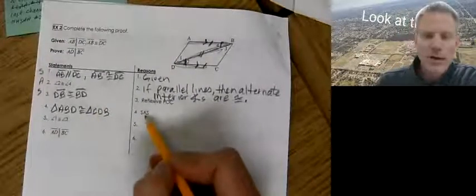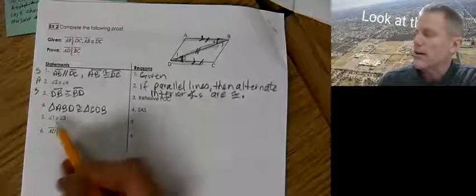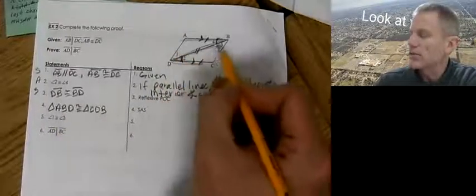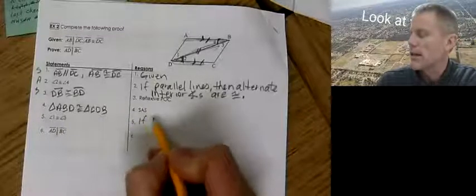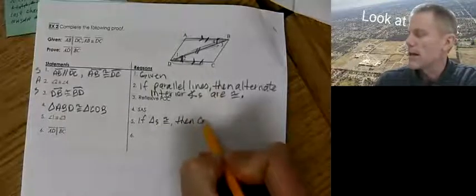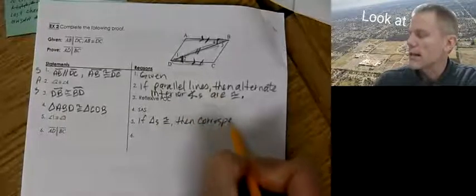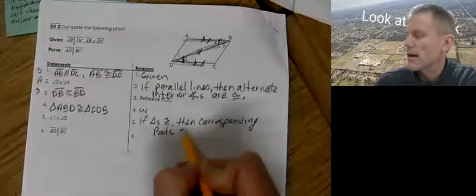We know they're congruent by side angle side. So we know that their final angles, ones we haven't talked about yet, would have to be congruent. If triangles are congruent, then corresponding parts are congruent.